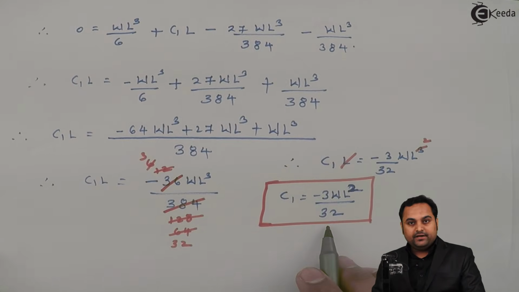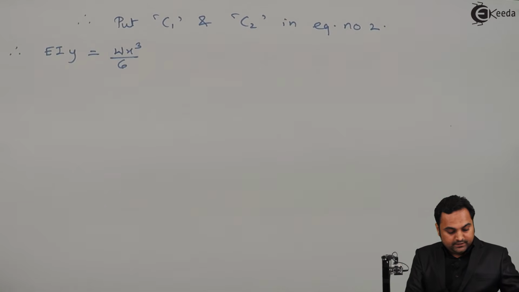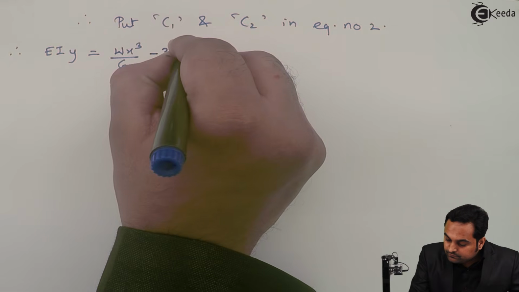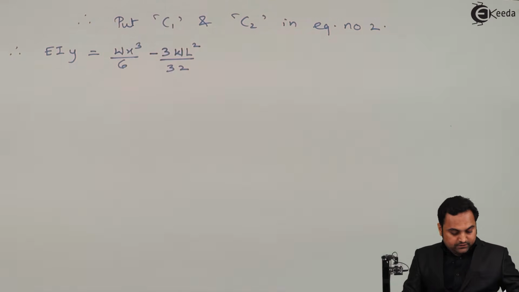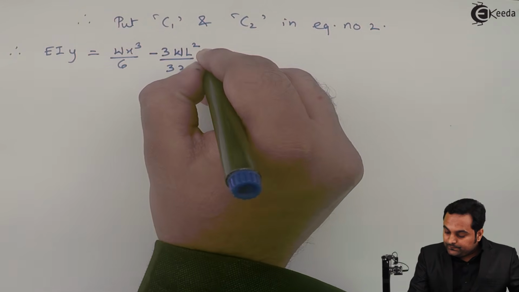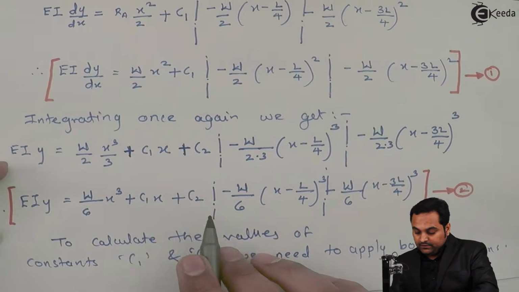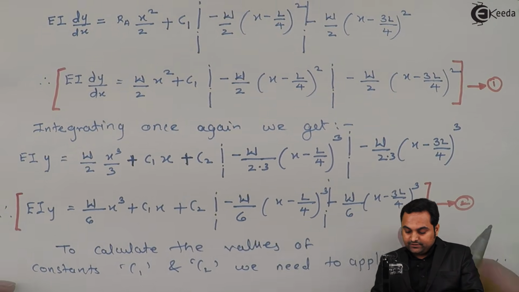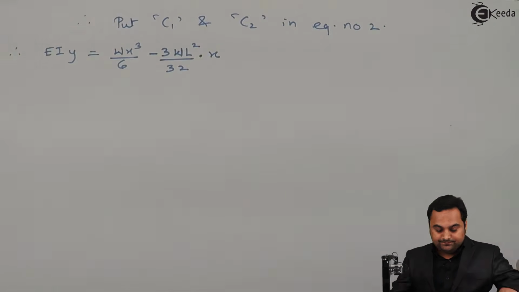So minus 3 by 32 WL square, I'll put the value. This is C1 into x, plus C2 was 0, so no need to write the value here. I'll copy the next terms as they are.